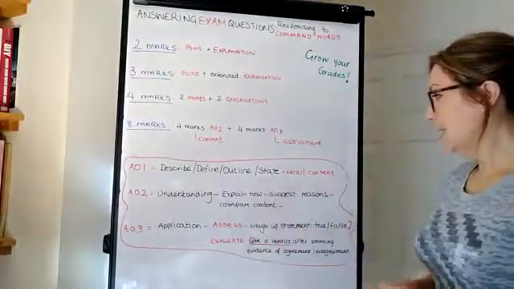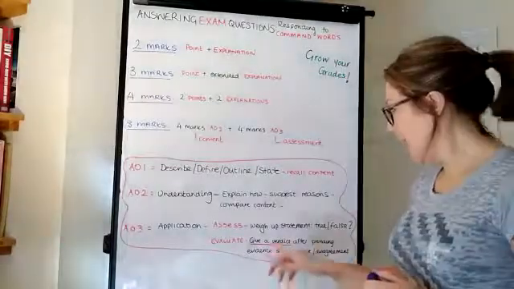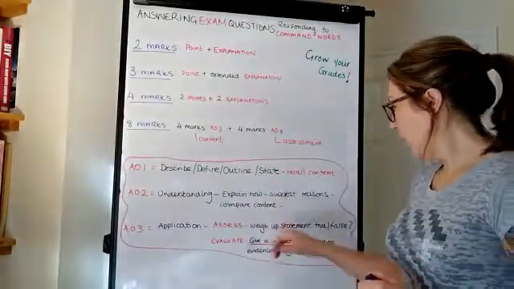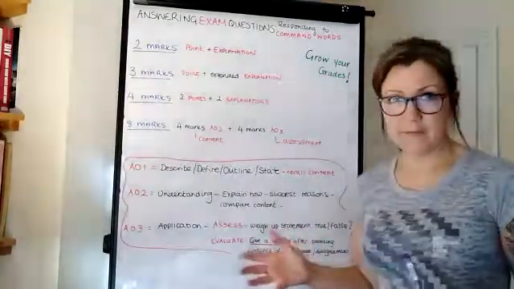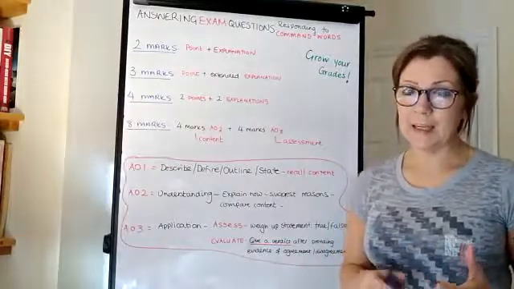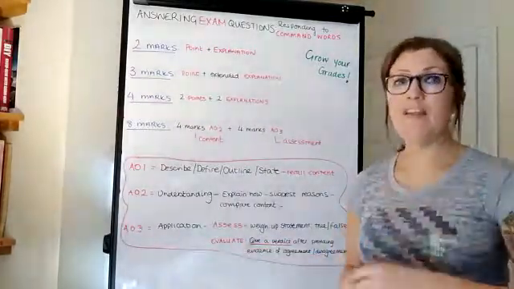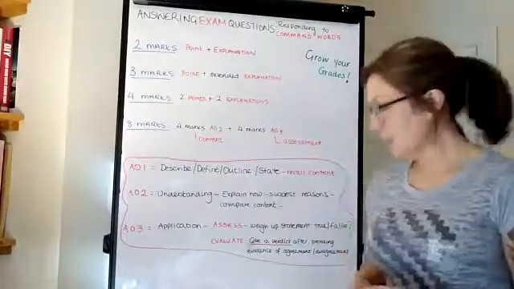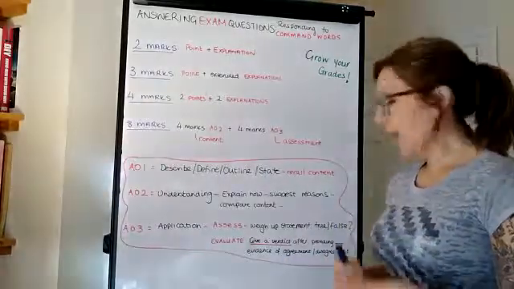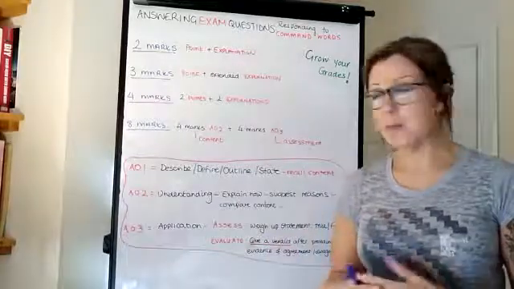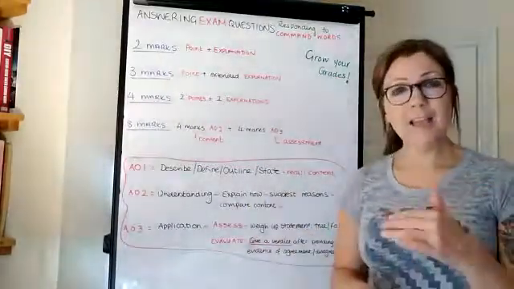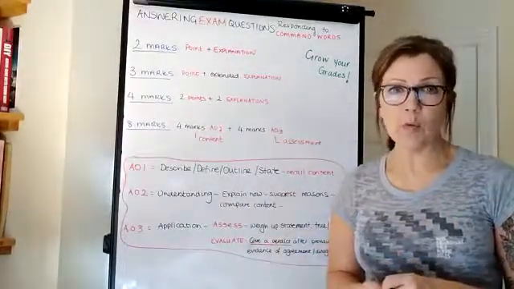So we've got assess, and if you get a question that talks about assess, then we know that assess means weigh up. So weigh up a statement, is it true or is it false? That's what assess means, weighing something up. Now evaluate is very similar, but with evaluate you have to give a verdict at the end. So you have to provide evidence of agreement or disagreement, as you do with assess, but at the end you have to say which one maybe is better or worse.